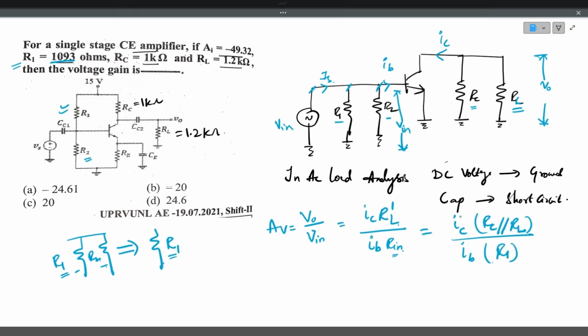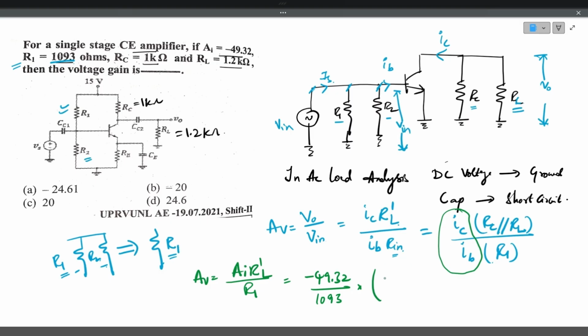IC divided by IB can be written as the current gain, output current by input current. So AV equals the current gain AI multiplied by the effective load resistance divided by R1. If you substitute the values, AI is minus 49.32 divided by R1, which is 1093, multiplied by RL dash, the effective load resistance, that is RC parallel with RL.